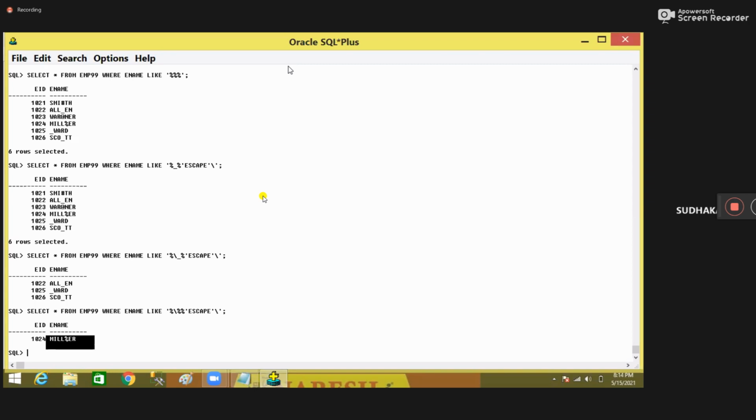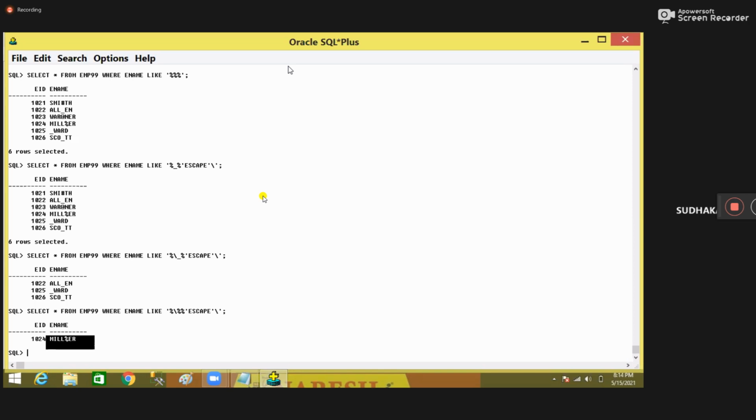That's why your output will not show correctly and accurately. Especially for underscore and percentile you can use escape, and the remaining special characters we can get directly, no problem.